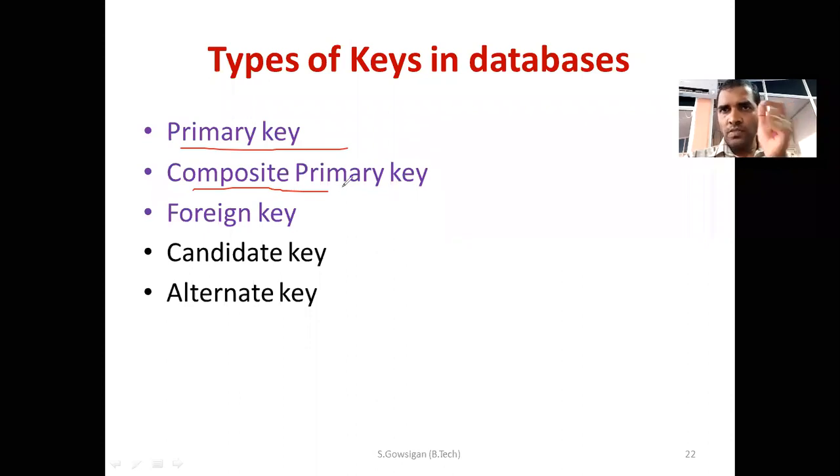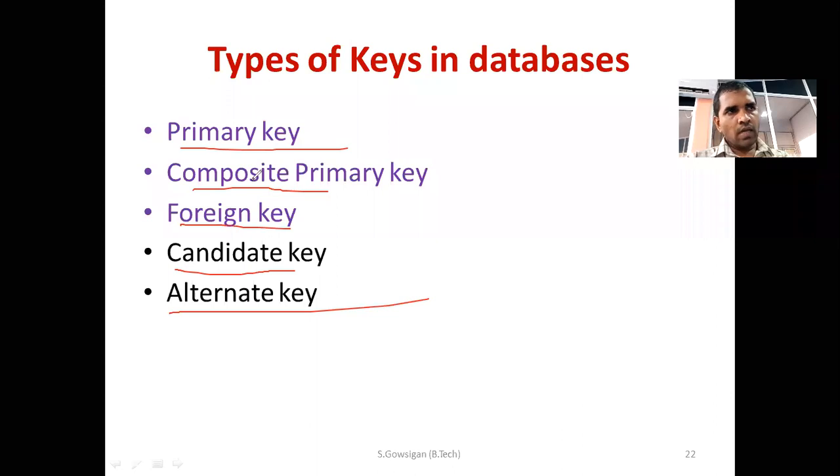There are some aspects and characteristics we have to focus on, which I will explain a little later. Then there is another one called foreign key. We also have candidate key, another field, and finally alternate key. So I have listed 5 keys here, but there may be more than 5 keys in a table.